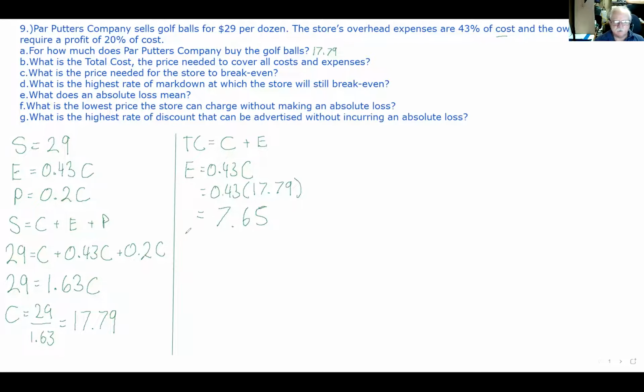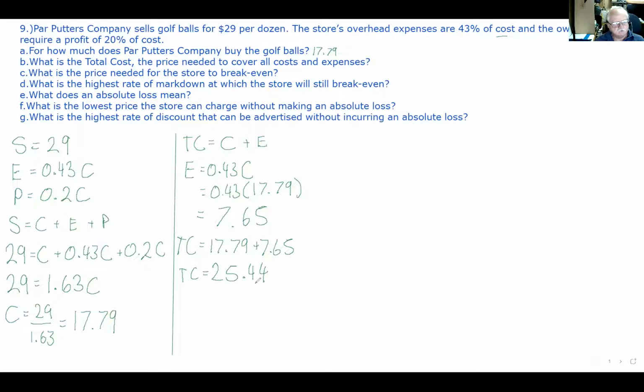So we can put that back into this equation. Total cost equals 17.79 plus 7.65. Total cost equals 25.44.